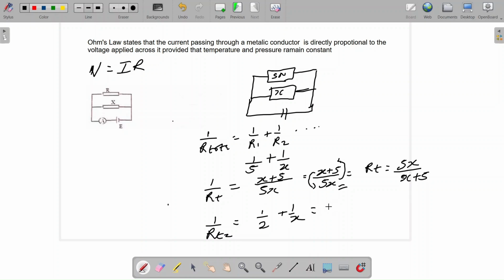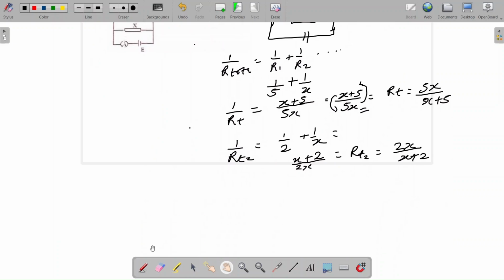The LCM is 2x, so this will be x plus 2 over 2x. And our R total 2 will be 2x over x plus 2. We flip this because this is going up, so we flip it to the other side. That is 2x divided by x plus 2.